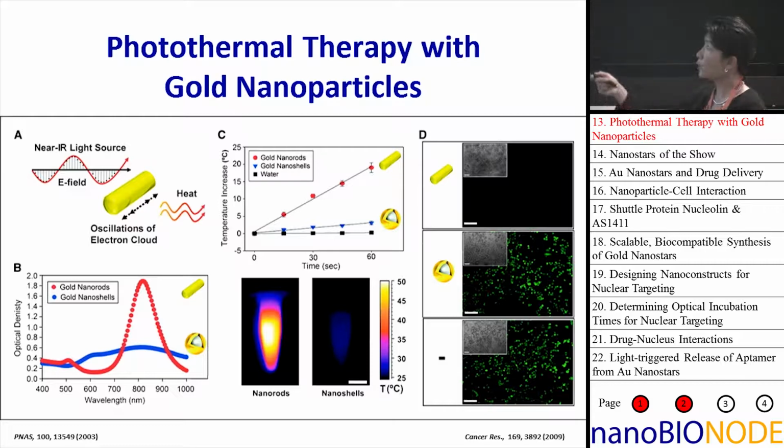And so when they looked at the photothermal effects in terms of putting them onto cancer cells and then shining near infrared light, given that there's a higher temperature response, then you got greater cell death from the nanorods. So it's not to say that nanorods are better than nanoshells in all aspects, but in terms of some of the heating capabilities on a per gold atom level, there seem to be some advantages.